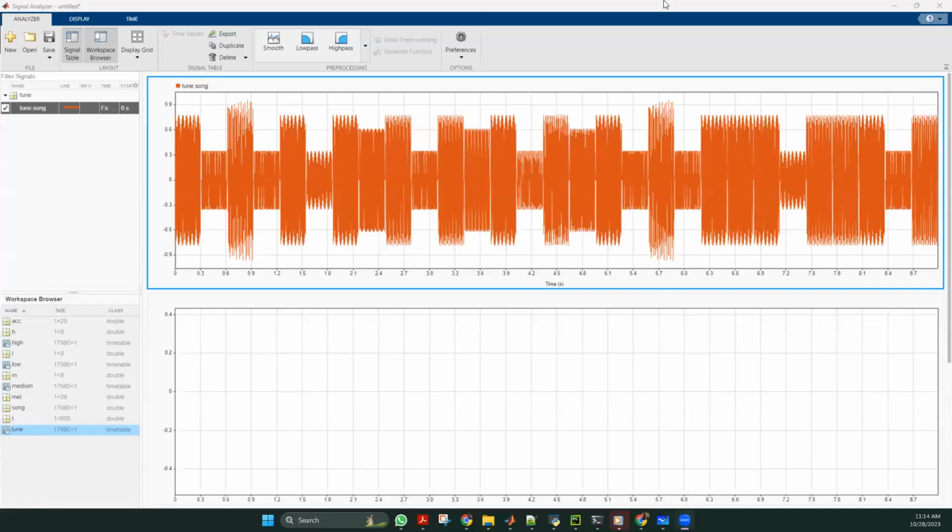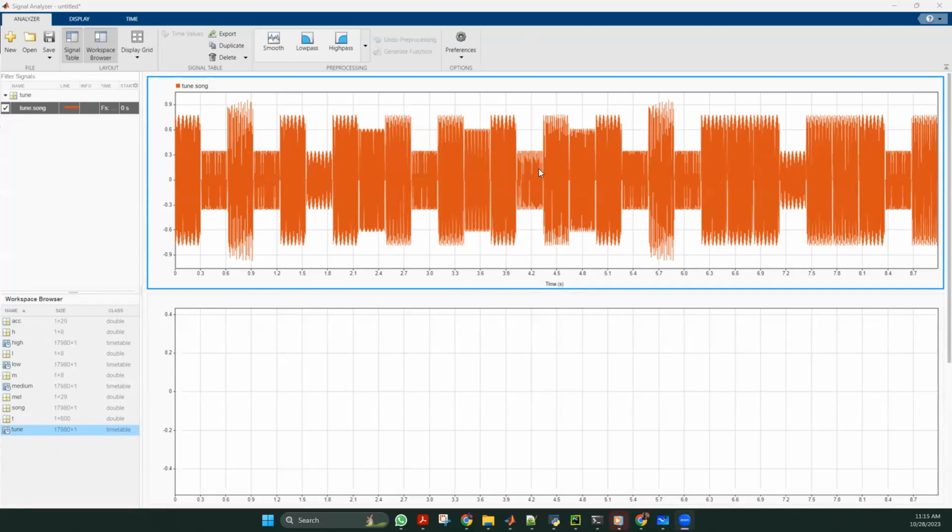This is the analyzer app, and in here you have the tune parameter. I have dragged it to the top, and then I have selected the tune, and by selecting I can see the plot of the signal. The plot of the signal is a variation of the amplitude with respect to time, right?